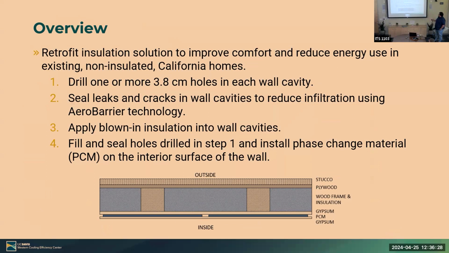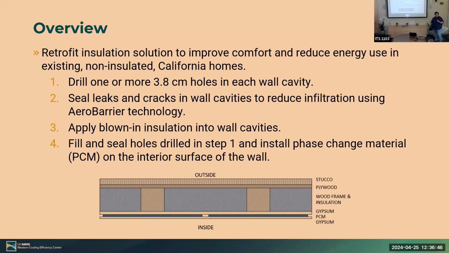So now for the overview of the project, what we're trying to do here. Essentially what we wanted to do was devise a retrofit solution which took advantage of current retrofit applications. We wanted to improve comfort and reduce energy use in existing California homes that were uninsulated.